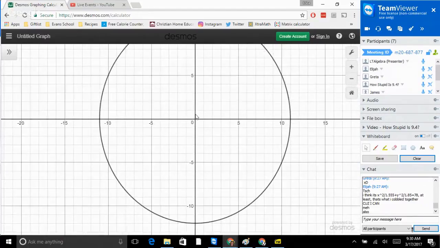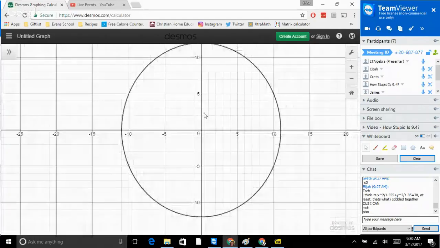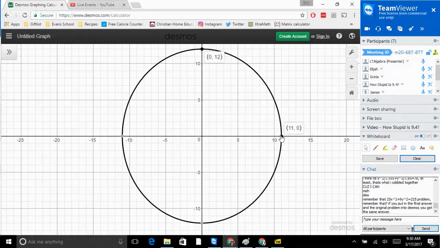Zoom out a lot. I think my representation was pretty close to this, right? So we should, in theory, have a vertex at (0, 12), which we do, and a covertex at (11, 0), which we do. Now I was just looking, I don't even think it asks you to find the foci.